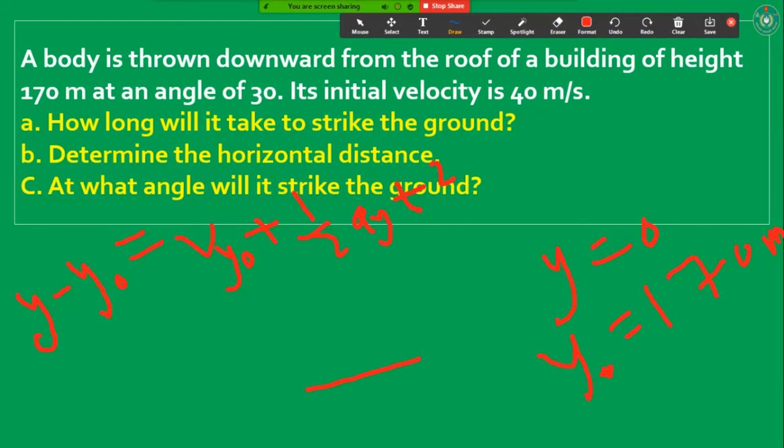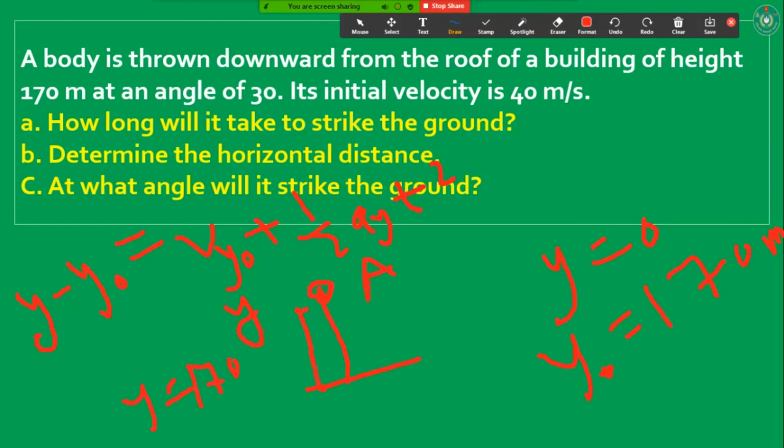Boys, look here. When you are throwing a ball from this position, after covering some distance, it will reach point A. For this height, point A is y, and that's why you are writing y is equal to suppose 170.